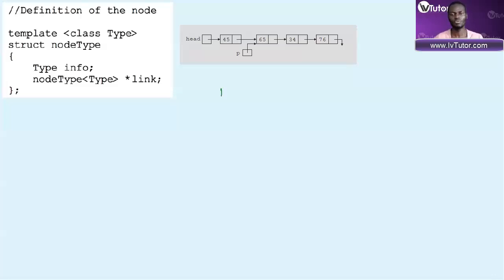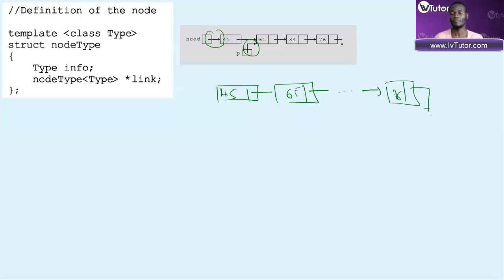I normally just go 45, which is pointing at 65, which is pointing at 34, which is pointing at 76, like that. And I don't like these extra arrows that you see here, but you still have to understand this notation because that is what's usually used in exams and so forth.